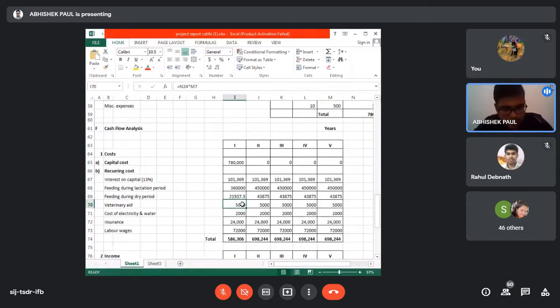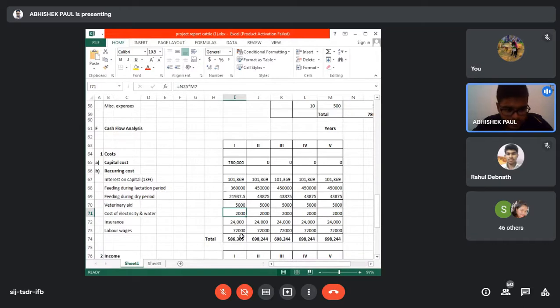Then veterinary medicine: veterinary aid is nothing but the medicine. They have assumed 500 rupees will be required per animal, so 500 into 10 will be 5,000 rupees. Then the cost of water they have assumed 200 rupees per cattle, so 200 into 10 will be 2,000 rupees per year.